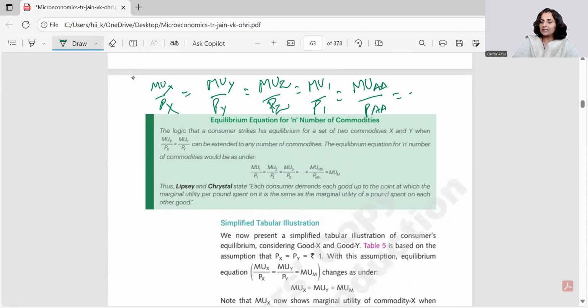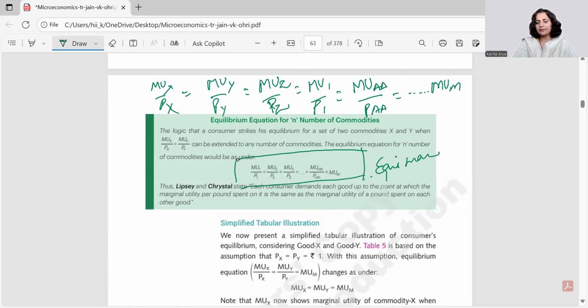Whatever way you write, ultimately this is all equal to MUM. If you are writing such an expression, this is called the law of equimarginal utility. You are not required to go into details. It's just a one-marker if it is required, equimarginal utility.